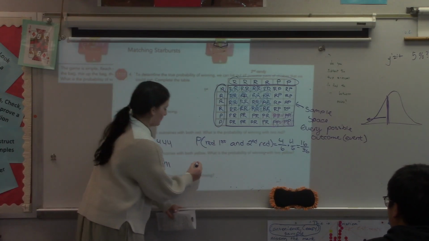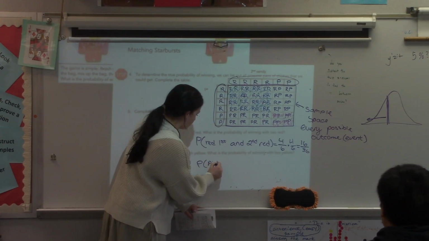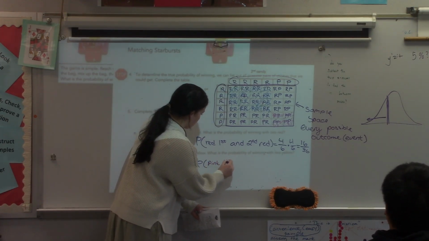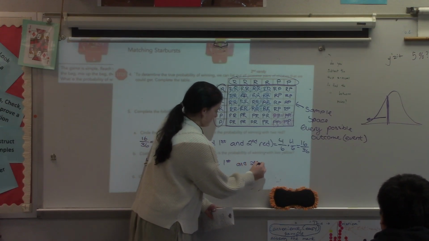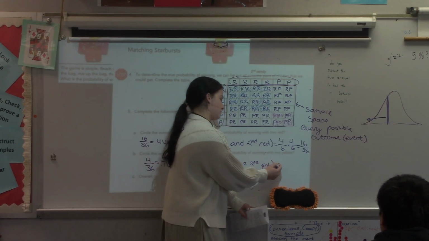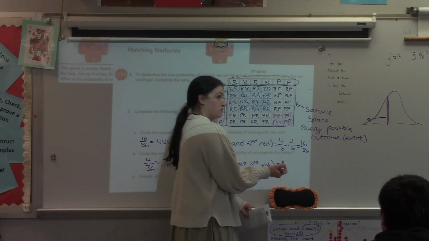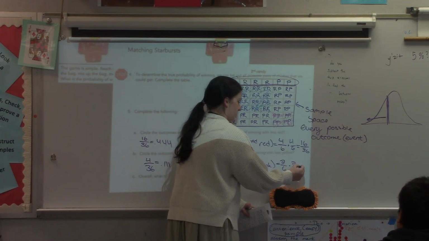So now we have the probability of pink first and second pink. How are we gonna do that? Just 2 times 2? 2 over 6 times 2 over 6, which gives us?